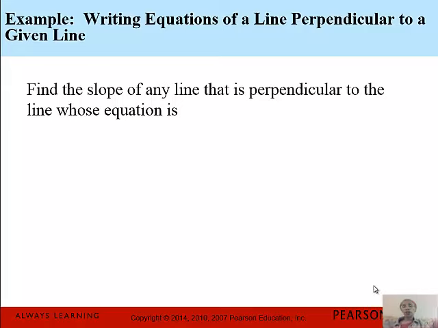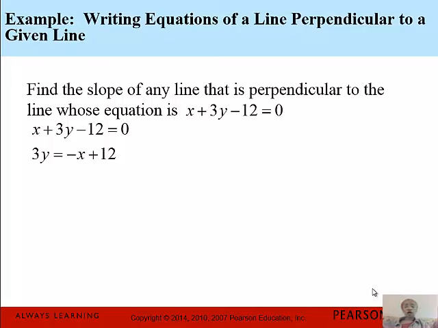Find the slope of any line that is perpendicular to the line whose equation is x + 3y - 12 = 0. Well, I'm going to take this and solve it for y as my first step. So I add a 12 to both sides of the equation.